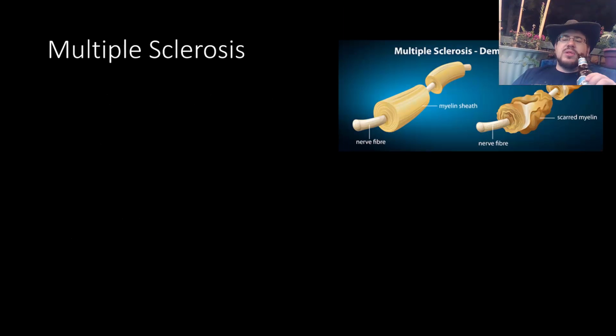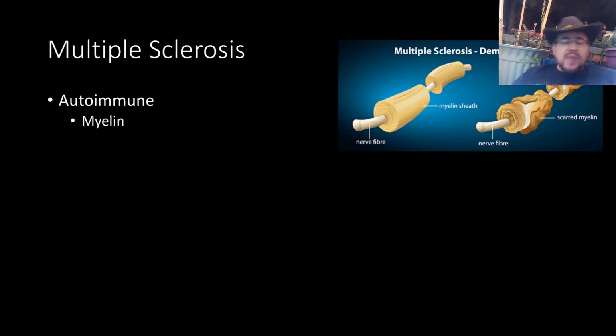Next up is multiple sclerosis, and this is demyelination. This is an autoimmune disorder. So with multiple sclerosis, your own immune system attacks the myelin around the axons.